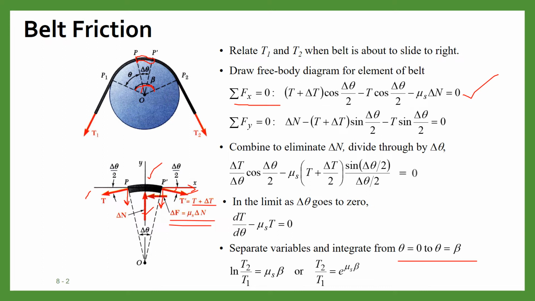When you solve this equation, the solution will be ln(T2 by T1) equals mu s beta, and you can also write T2 by T1 equals e to the power mu s beta. This is the solution, and this equation governs belt friction.